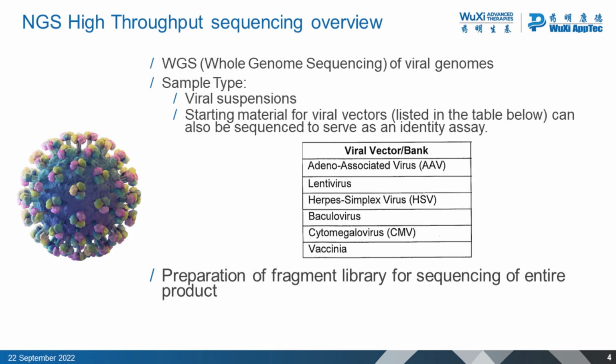This allows us to provide confidence to clients that their sequence obtained after manufacturing campaign is a match to the reference sequence, and they can continue on with further manufacturing without worrying about the genetic stability of the product and or the identity of the cell line that was used to manufacture their product.